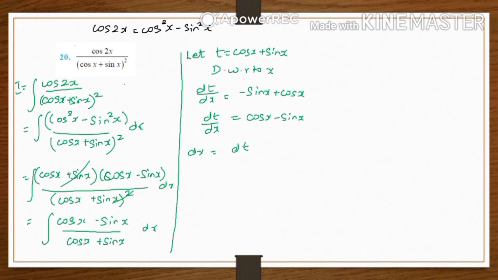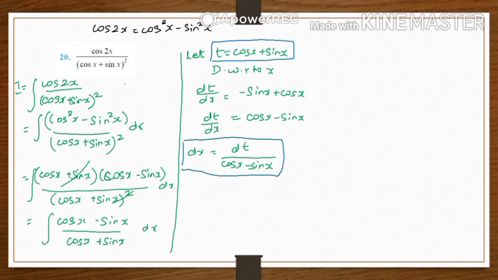From this we get the value of dx. So dx is equal to dt divided by (cos x minus sin x). We are going to substitute the t value and dx value in the integral. So integral (cos x minus sin x) divided by t into dx, which is dt divided by (cos x minus sin x).